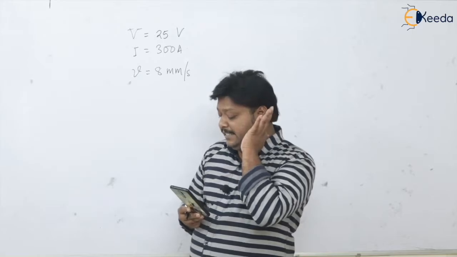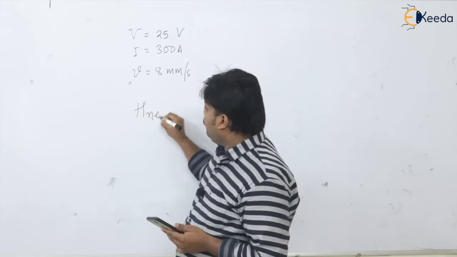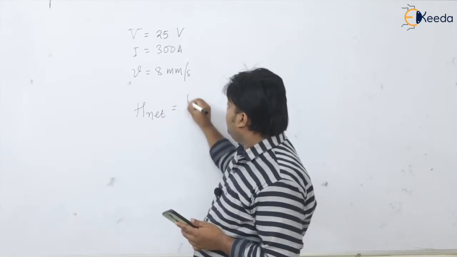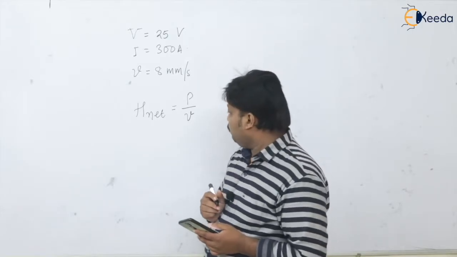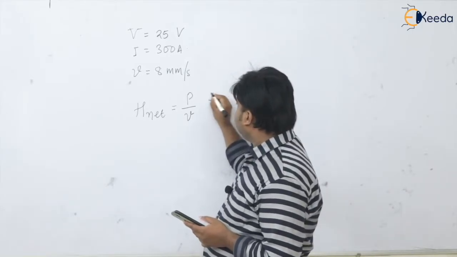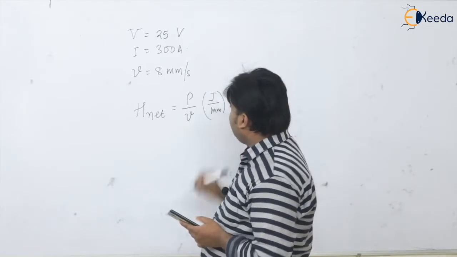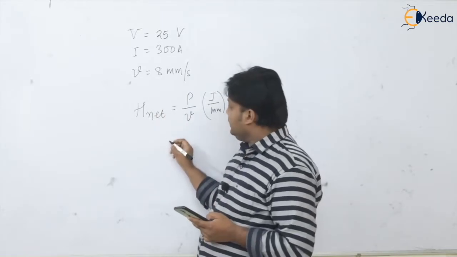The net heat input in joule per mm. So dear student, we have seen for this net heat input, what is the formula? It is equal to power divided by the travel speed of welding or electrode, which will be in joule per mm. Okay, in this unit they have asked the question.